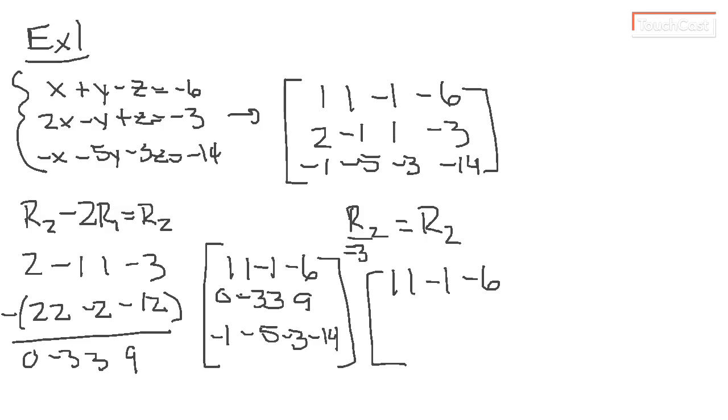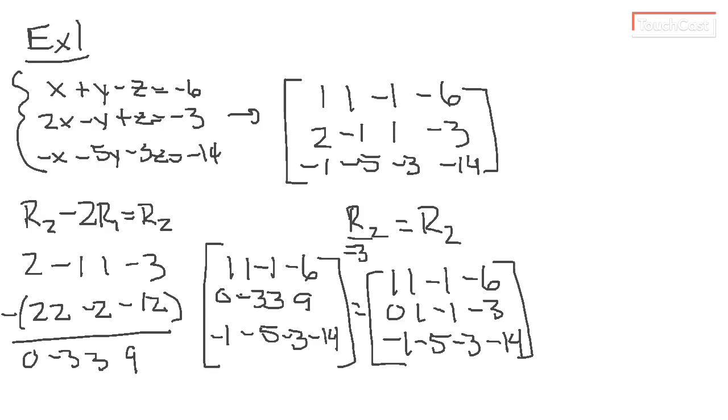My second row is now going to be 0, 1, negative 3, if I divide everything by negative 3. And then negative 1, negative 5, negative 3, negative 14, to just create an equivalent matrix.